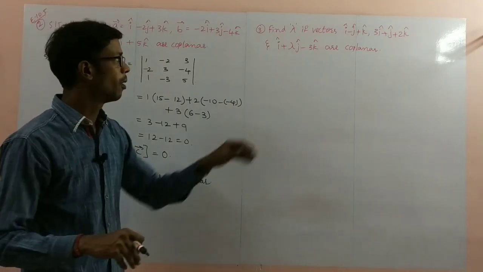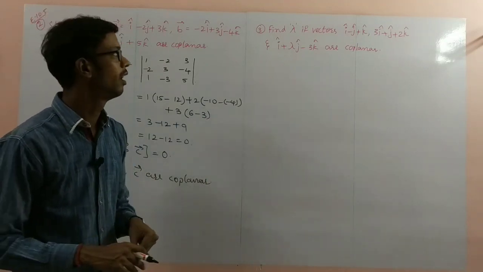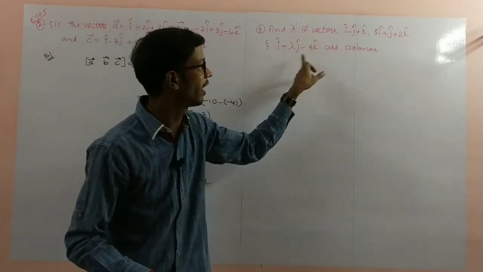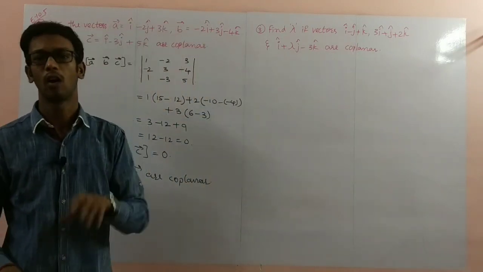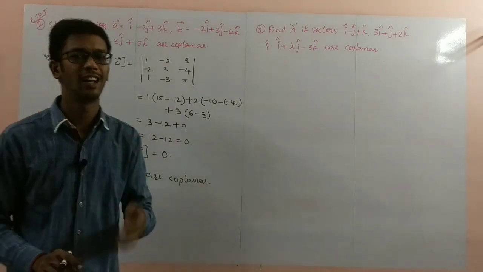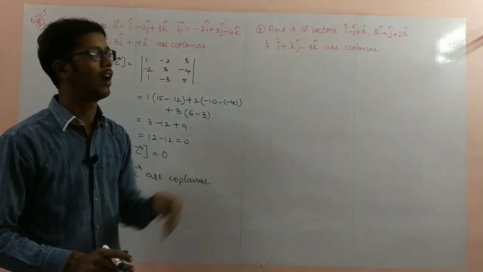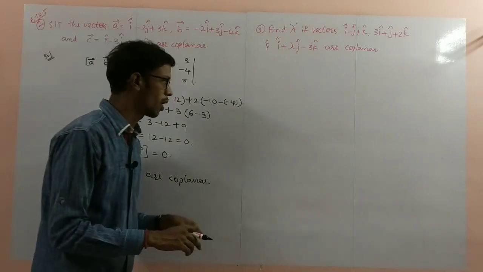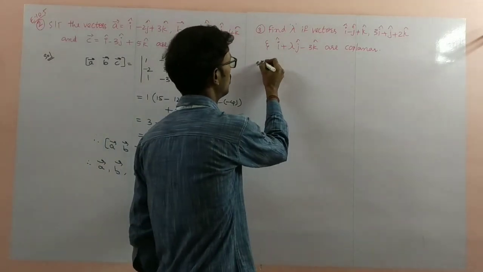Next, problem number 3. Find lambda if the 3 vectors are coplanar. Coplanar means the box value should be equal to 0. They are already giving that, so now you have to find the lambda value. Example problem also we discussed. Solution.